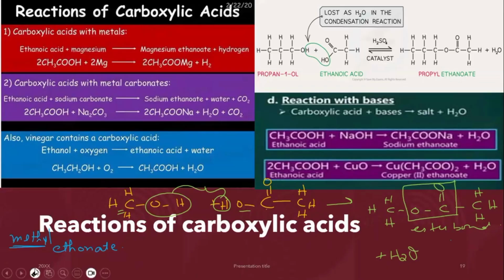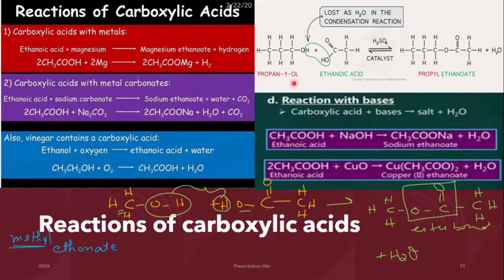Take a look at the example that we have over here. We have propanol and we have ethanoic acid. So first write down the name of the alcohol. That will become propyl and then the acid becomes ethanoate. Propyl ethanoate.